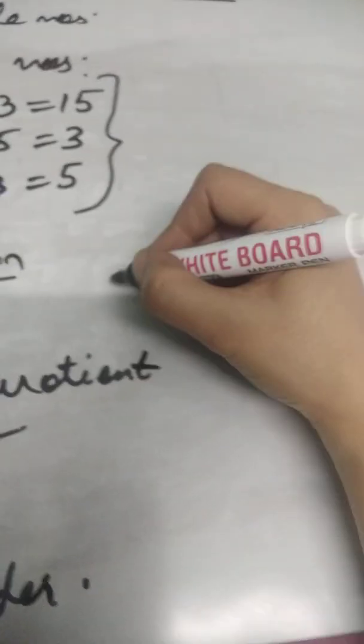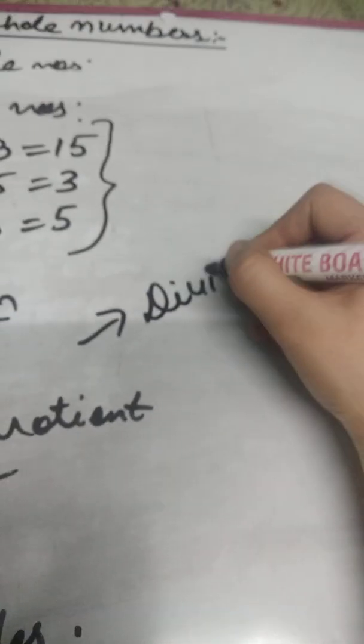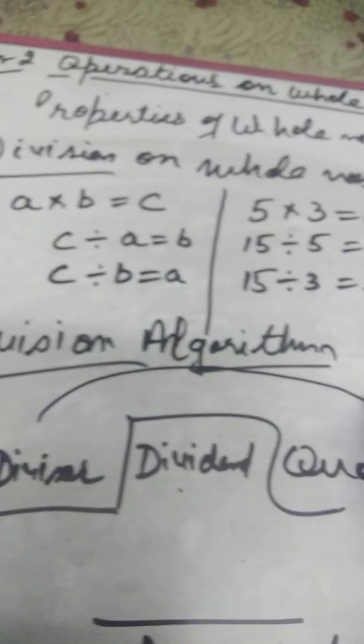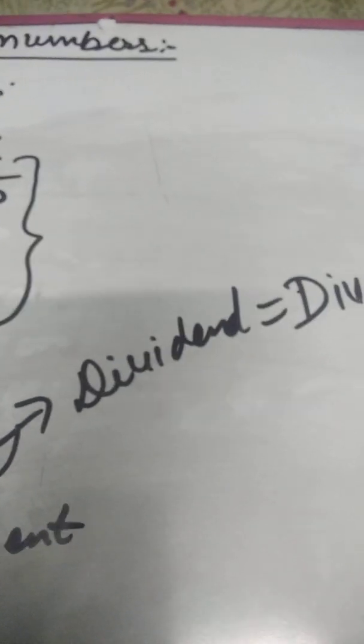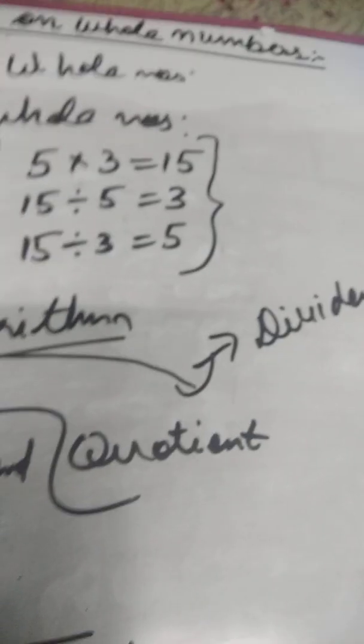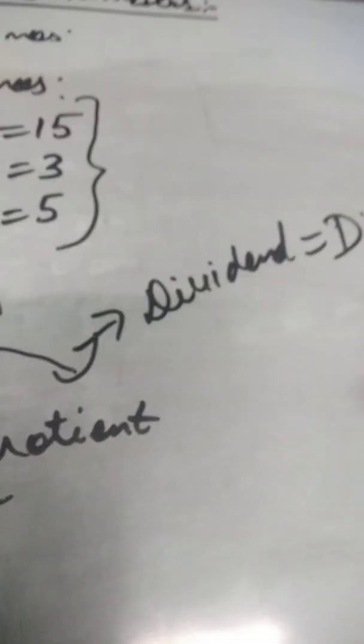So simply we will say the dividend is divisor into quotient plus remainder. This is what the division algorithm says.